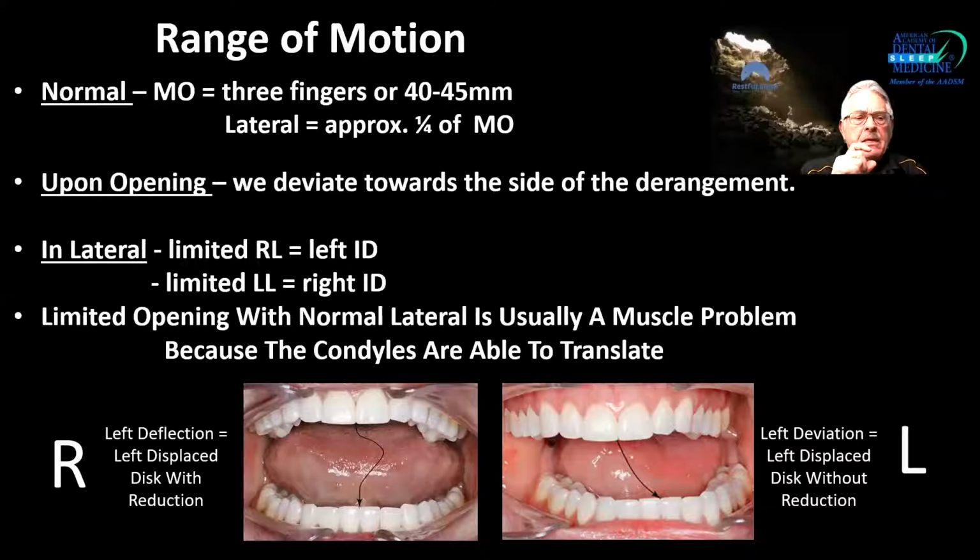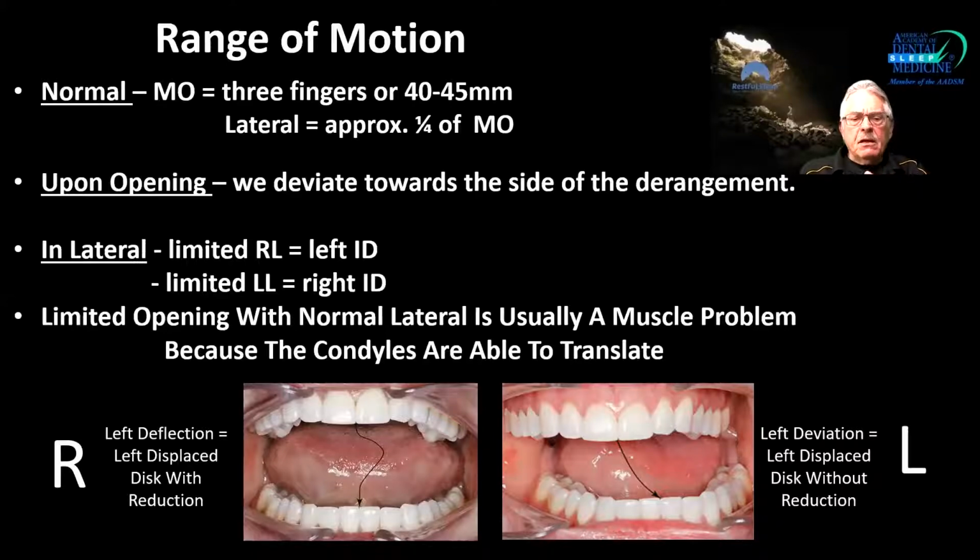Then typically that is not a joint problem. It's a muscle problem. Okay, so if you design the sleep appliance to help a muscle problem, you are probably going to be okay making the patient a sleep appliance and not having a lot of difficulties with it. So you might have to look through that.